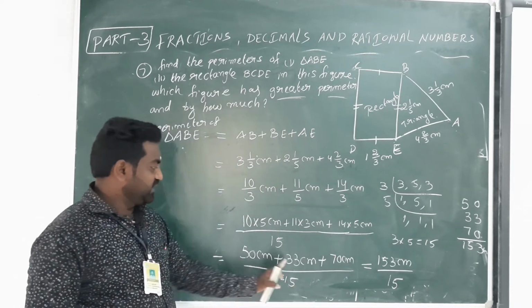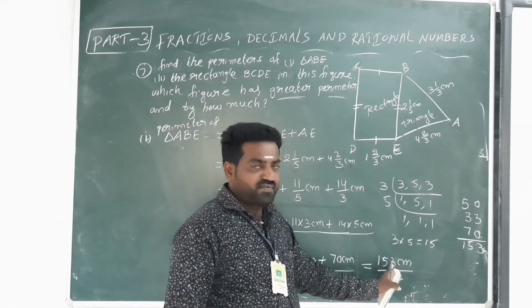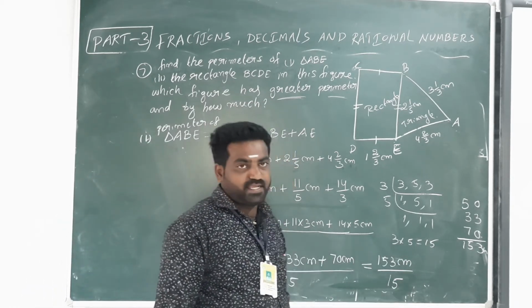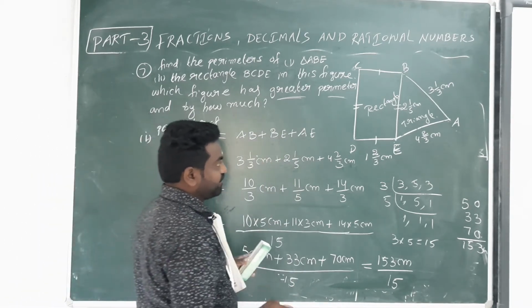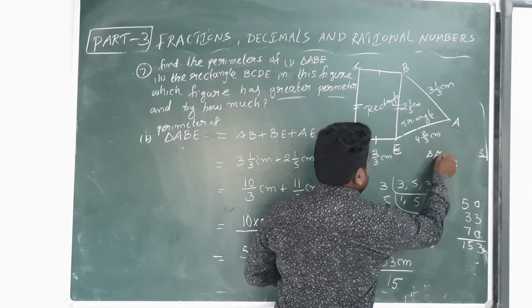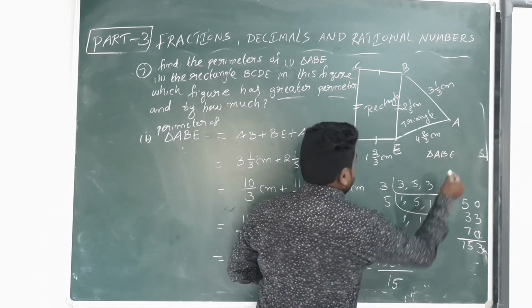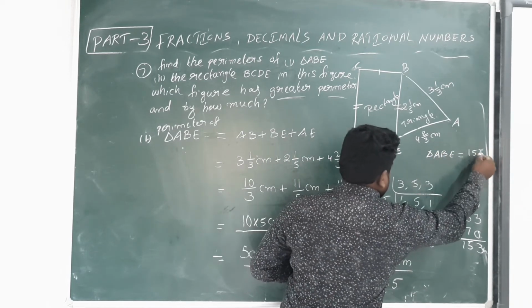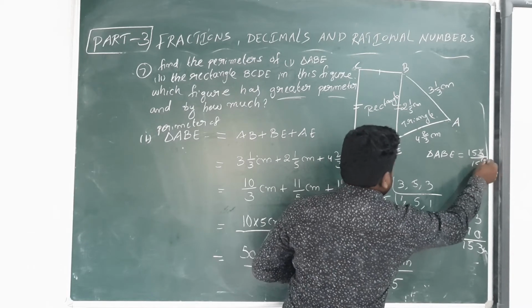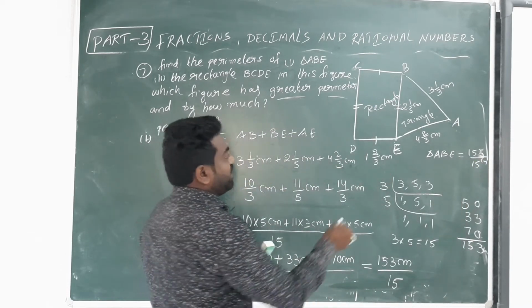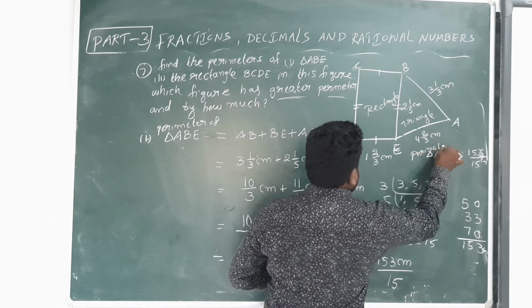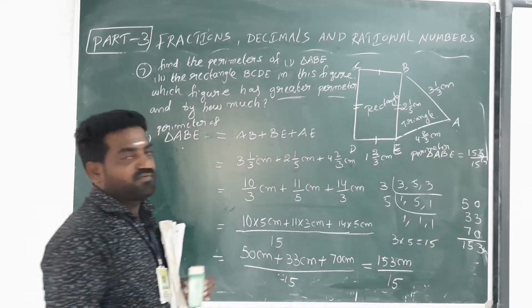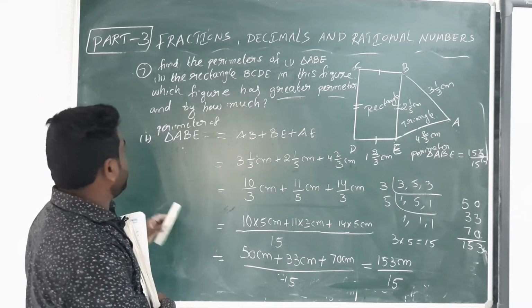We add 50, 33, 70: 153/15 centimeters. This is the perimeter of triangle ABE, 153/15 centimeters.